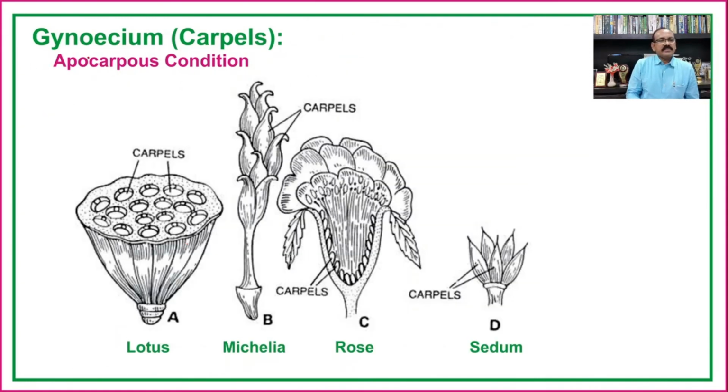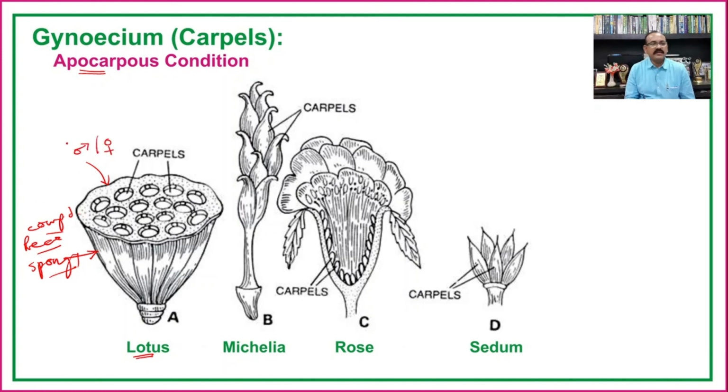Then here is an example of the apocarpous condition, that is, free carpels. The first example is from the lotus, in which there is a spongy compound receptacle on which there is a development of the male and female reproductive organs, that is the androecium and gynoecium.